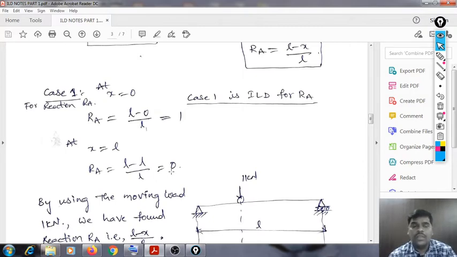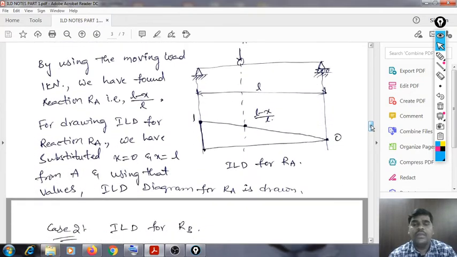That means when the load is at A, RA plays a major role, and when the load moves from A to B, nothing is there in the reaction at A. That is the case, and the diagram will be like this.